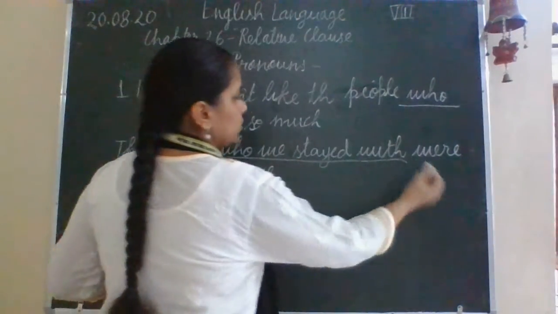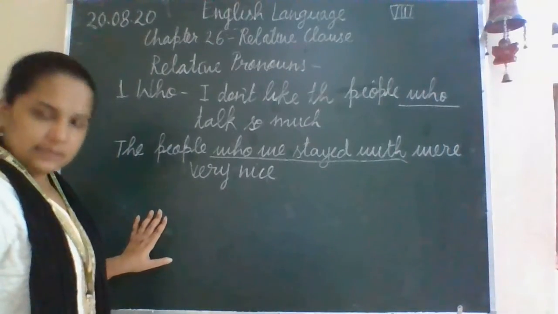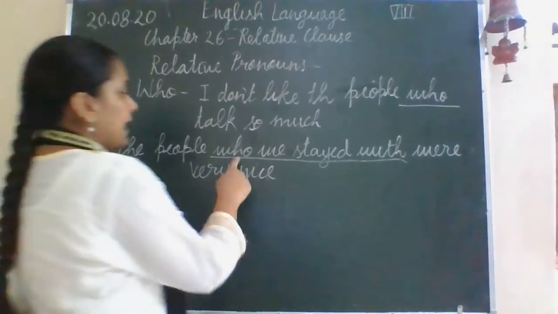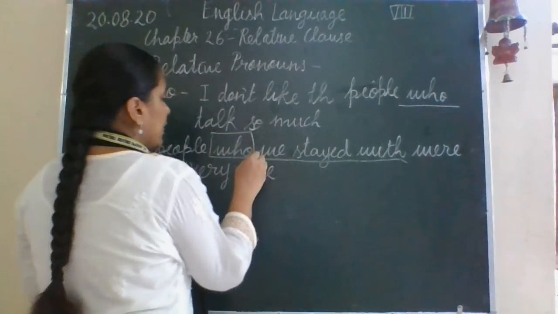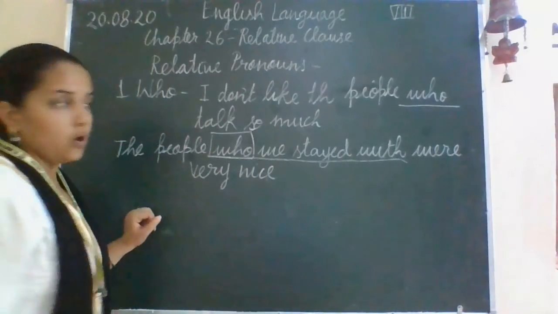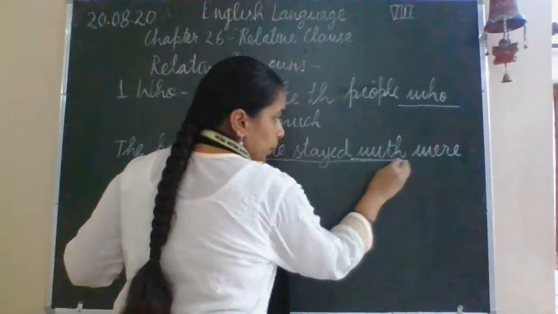Who we stayed with is the relative clause, and here this who is used as the object for with.